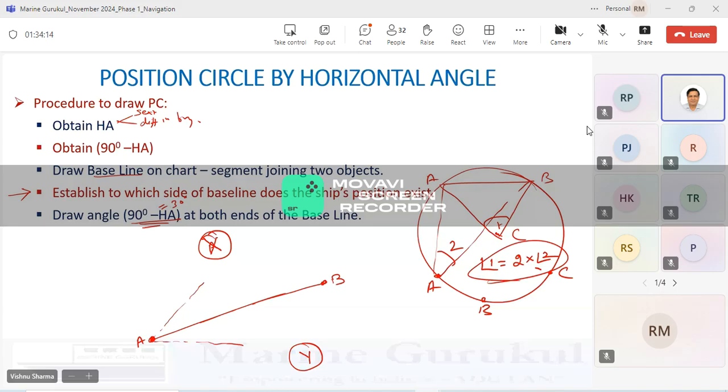Now, if your horizontal angle is less than 90 degrees, then you will draw 90 minus horizontal angle on the side of the ship.